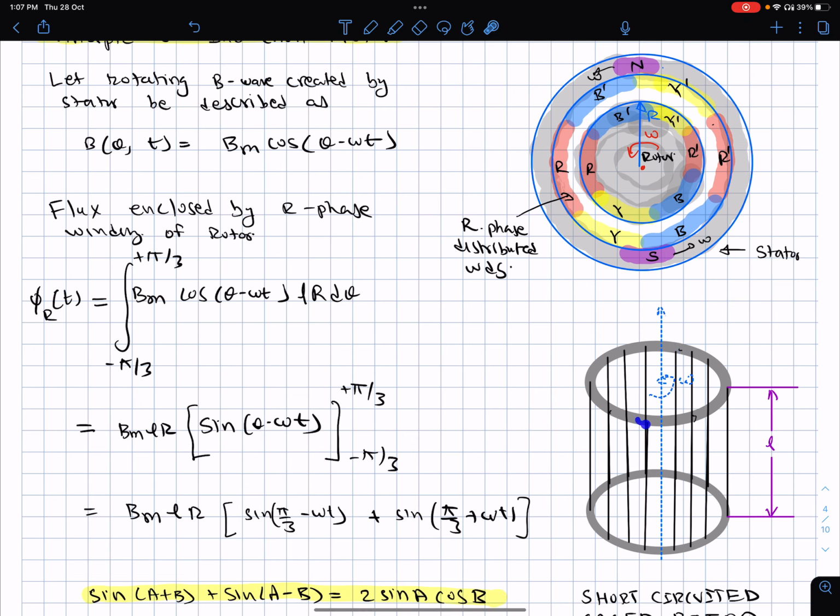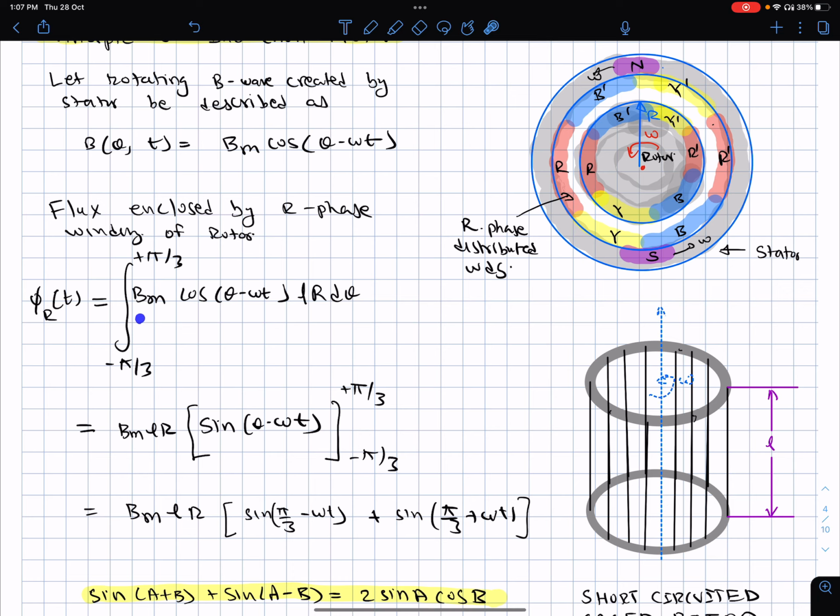So that's a small arc which is going to be created here, and the B, as we said, is either directed radially outwards or radially inwards, depending upon whether that side has a north pole or a south pole.